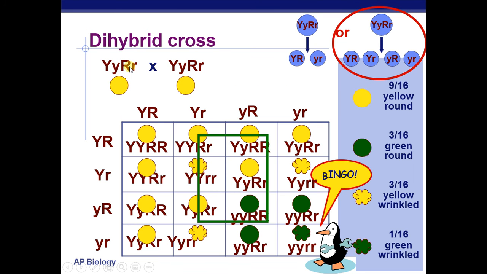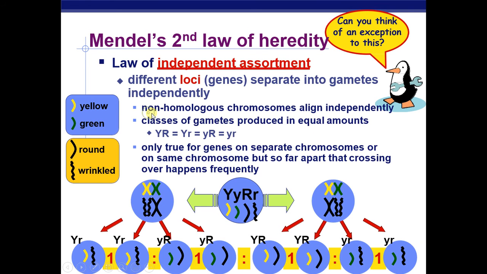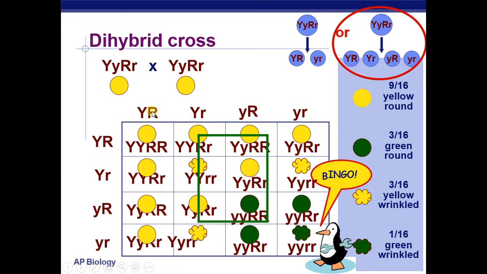And you can see that by looking at the Punnett square. Just because you got a dominant Y from this parent doesn't influence which of these other alleles you got. You still have a 50-50 chance, even if you know you got a dominant Y allele, to get a dominant R allele or recessive R allele.